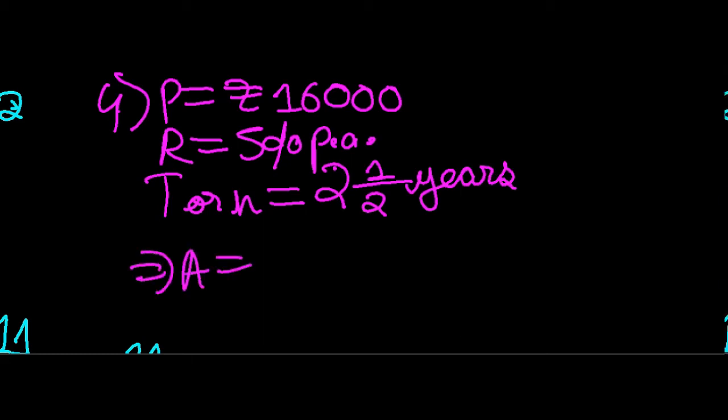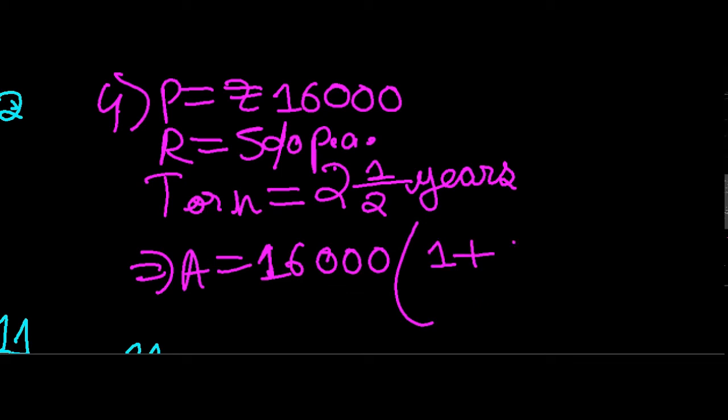Okay friends, and let's solve the sum. A is equal to 16,000 in bracket 1 plus 5 by 100.